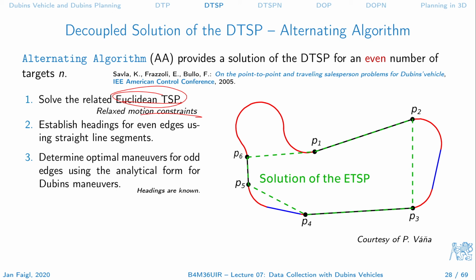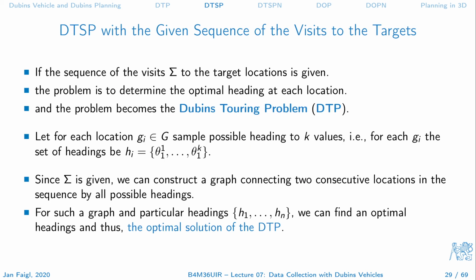So now we need to establish headings for each edge. We can just connect them by a straight line, which defines the leaving angle and the arrival angle. So we have this leaving angle and this arrival angle, and we can compute the Dubins maneuver, and that's it. It's not that great, but it's super fast.